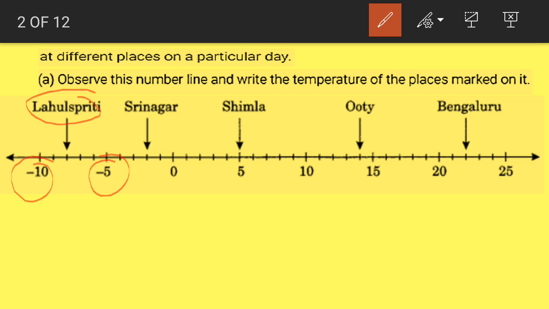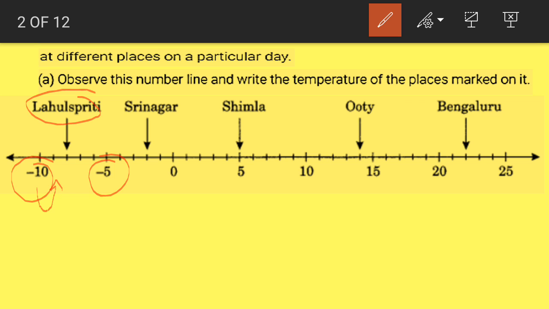So to find the temperature, we have to move either from left to right or right to left. Here I'll move from left to right. So first I will go one step towards right. So -10, then if I am going towards right, then the value increases.